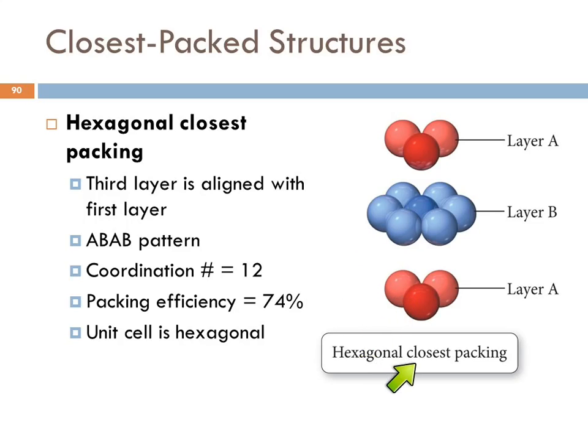And what would the layer underneath it be? B. And it would just go AB, AB, AB, all the way down. So this is going to have a coordination number of 12 with a packing efficiency of 74%. The unit cell ends up being hexagonal. This is called hexagonal closest packing.